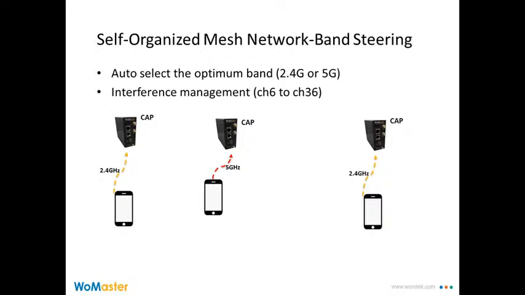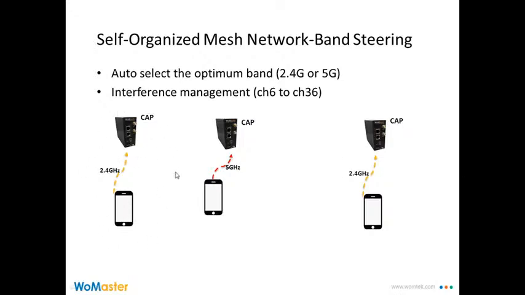Moreover, mesh network can do the self-organized and the network band steering. There are three scenarios as follows. The mobile devices need to communicate with the outer network via the CAP.